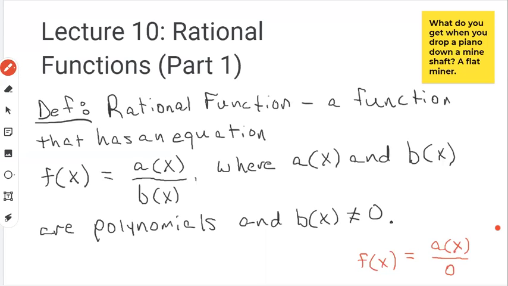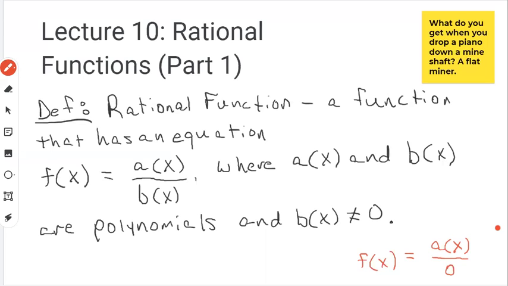Now, if I have a 0 in the denominator, that means that I'm dividing by 0. And dividing by 0 is undefined for real numbers, so b of x cannot be equal to 0. It can be pretty much any other real number it wants to be, or any other real polynomial. It just can't be equal to 0.